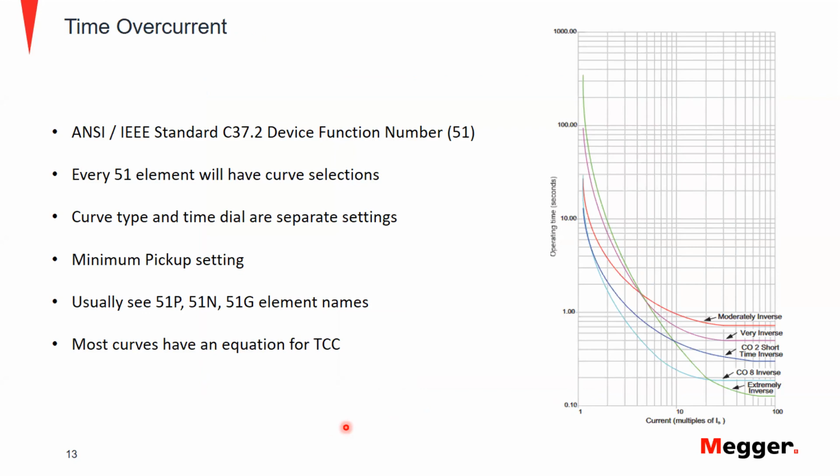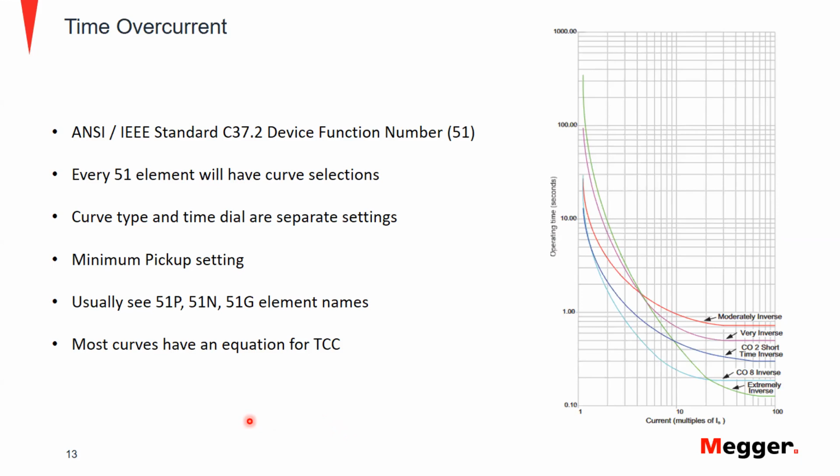We have multiple curve selections inside of the relays themselves, so we have a wide selectable range. We'll talk a little bit about the different inverse times, the different time dials, and the minimum pickup setting as well.